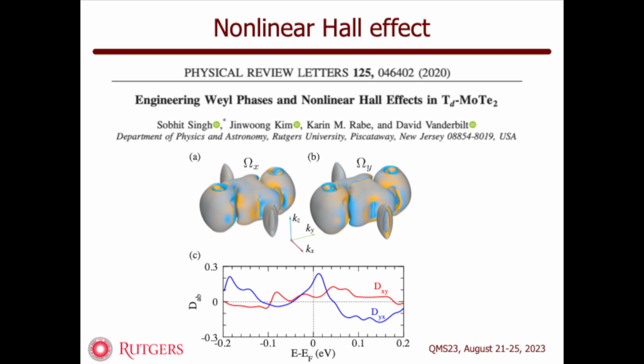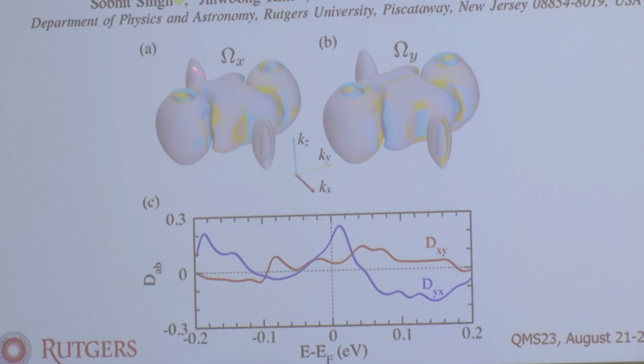And so the color coding here doesn't come out very well on this slide, but the opposite colors are the two signs of Berry curvature, and this is for the X and Y components of the Berry curvature that are generated, and this is our calculation of those D coefficients.